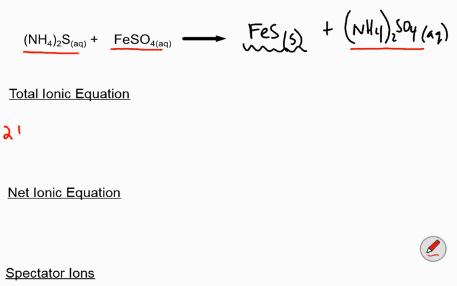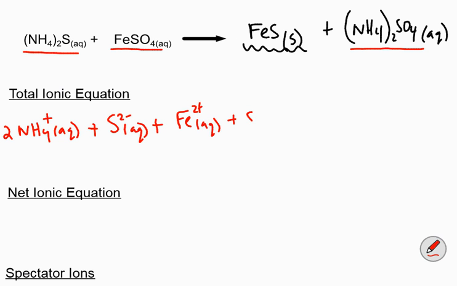So I start with 2 ammonium ions, they're aqueous. I also have a sulfide ion. That's aqueous. Now if I look at my FeSO4, I have an Fe2+ ion. That's aqueous. And I've got a sulfate ion. That's aqueous.